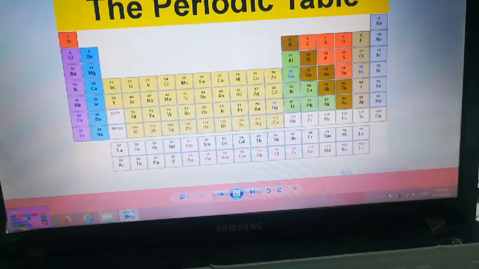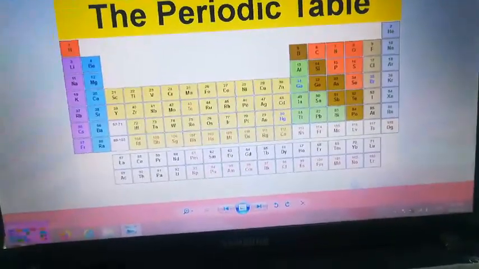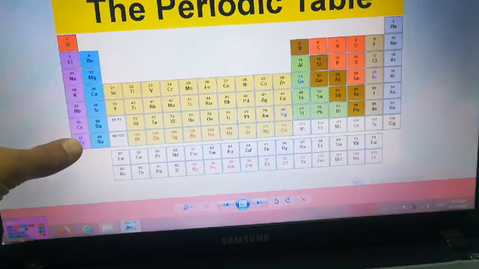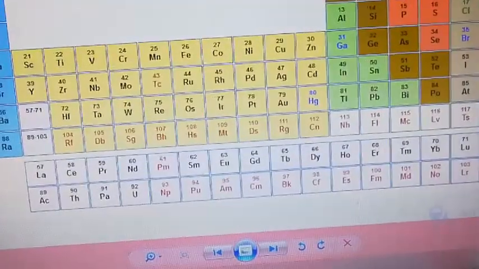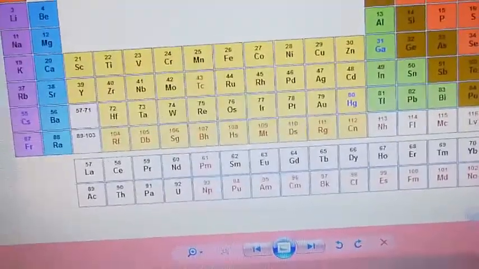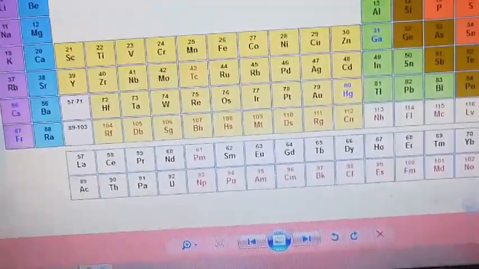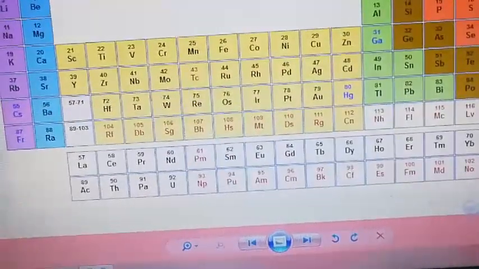Let us choose a big number like francium, for example, Fr. Francium has 1 electron in its outer shell because it's in group number 1.